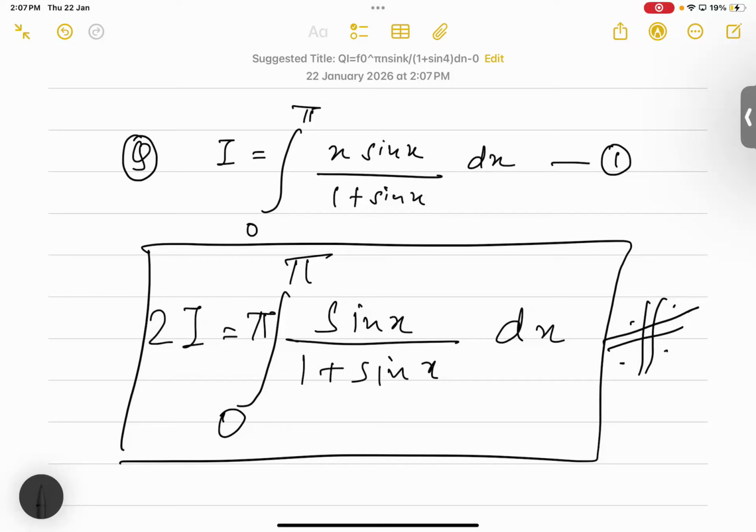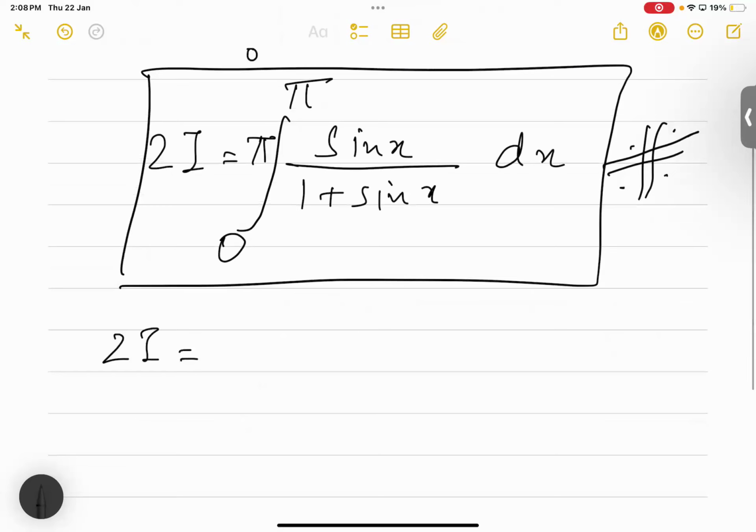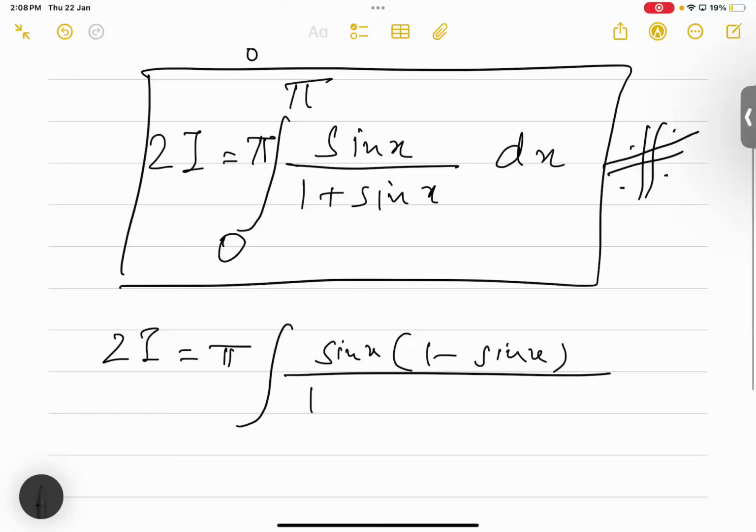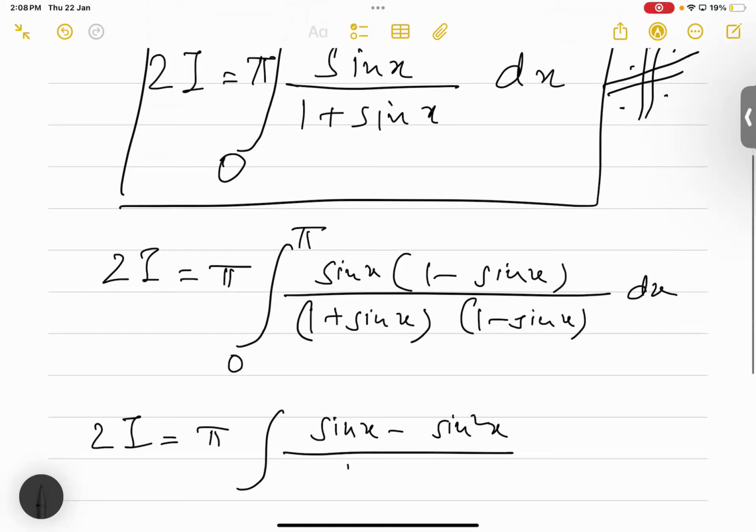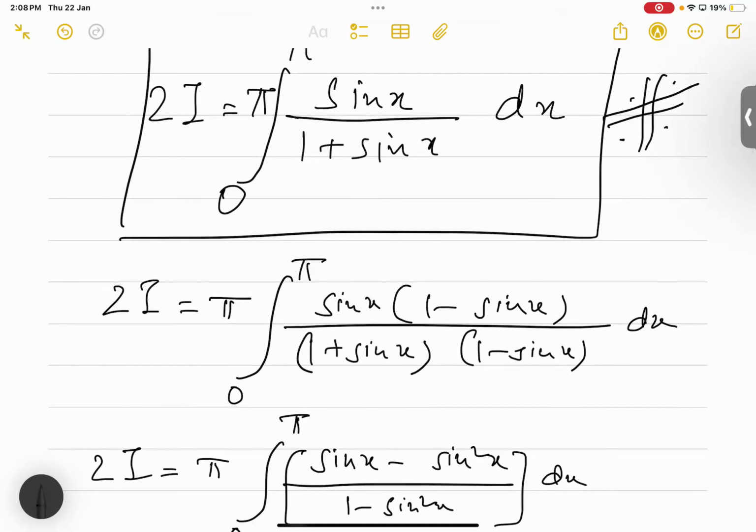Practice it, come on. Minus 1. You should proceed like this.